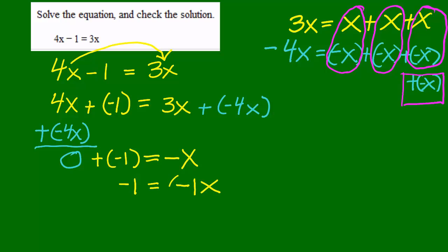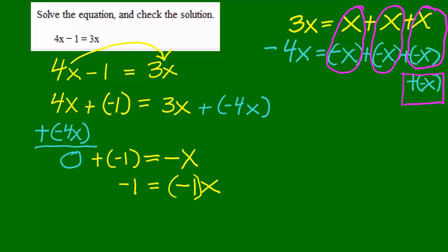Now we're going to take a step into more advanced work. The number negative 1 in front of the x is called the coefficient. Whenever I have an equation that comes down to one number term on one side of the equation and a letter term on the other side of the equation, I divide both sides by the coefficient of the letter.